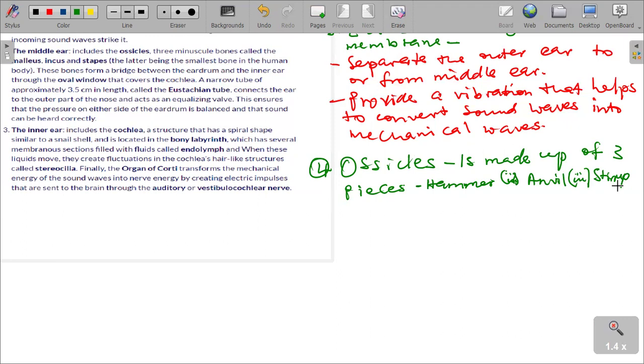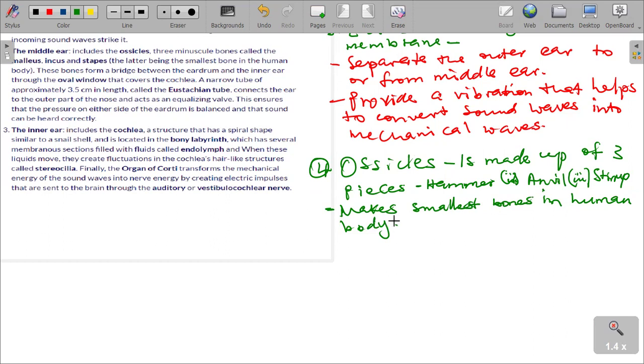These are the smallest bones in the human body.